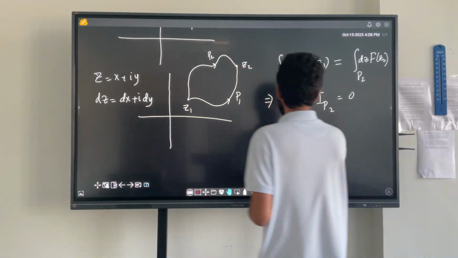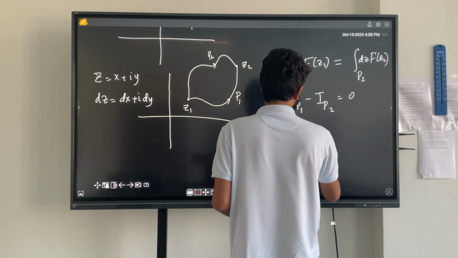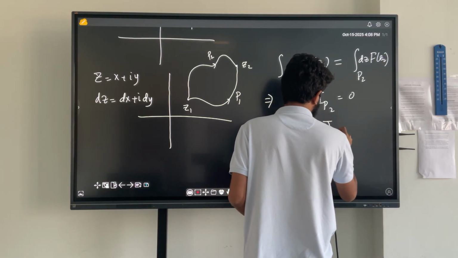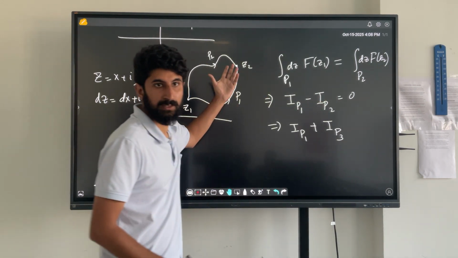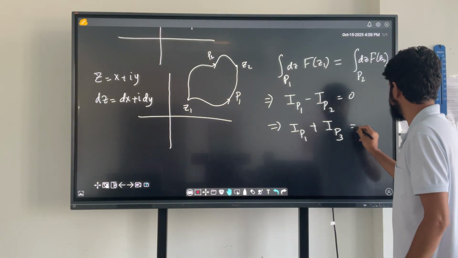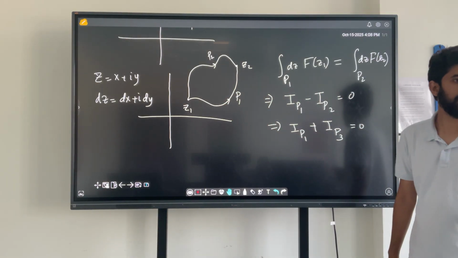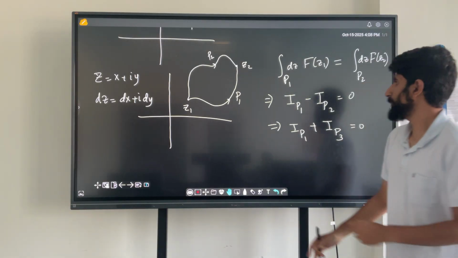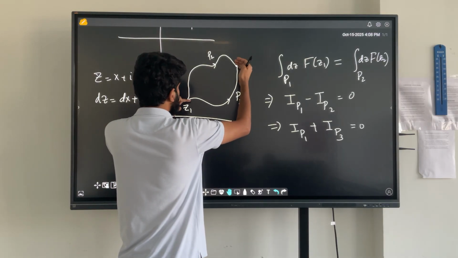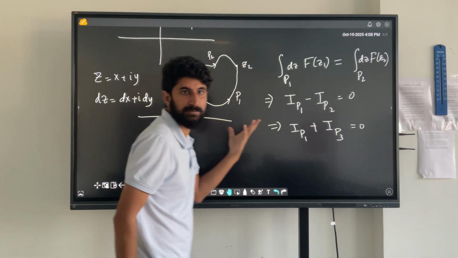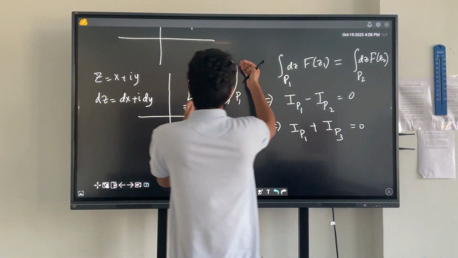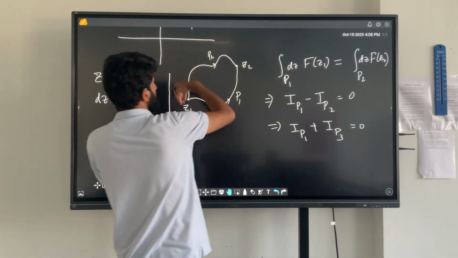So basically I have to show IP1 plus, instead of minus, let me just do P3, where P3 goes from z2 to z1 via this path, equals 0. Now, I'm starting from z1, integrating to z2 via P1, and then I am integrating over P3, which is just P2 reversed.